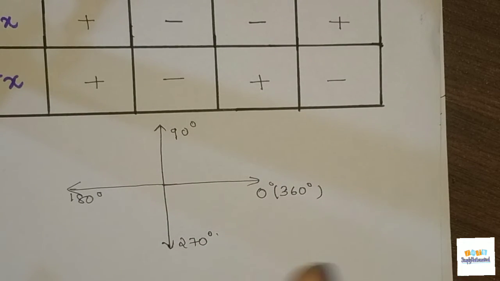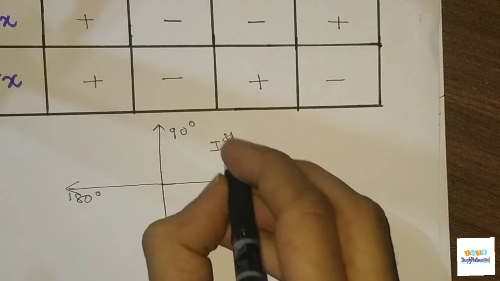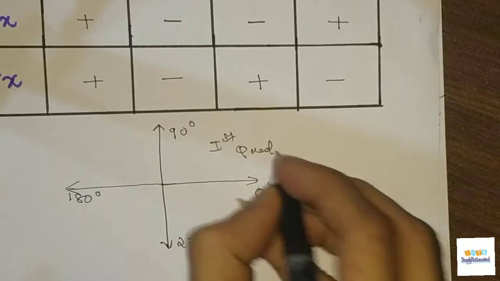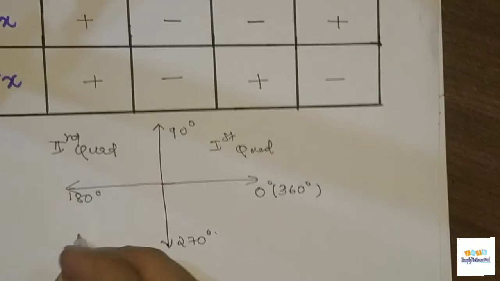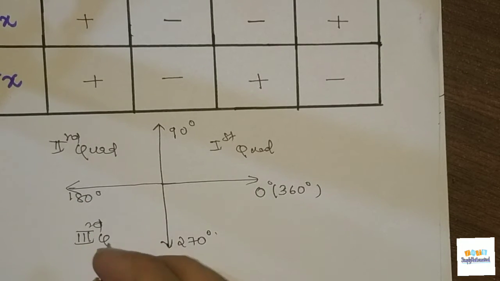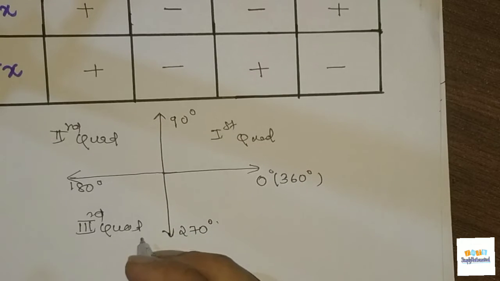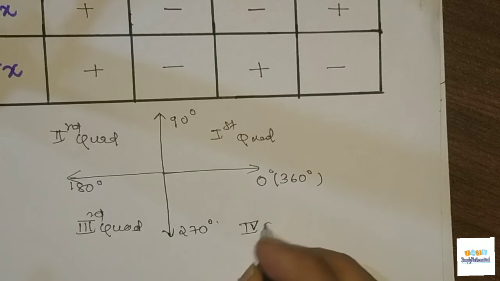Now this is the first quadrant, second quadrant, third quadrant, and the fourth quadrant.